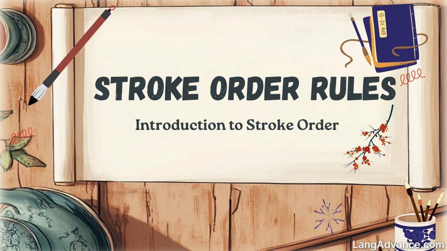In this lesson, we will explore the fundamental rules of stroke order, such as writing from top to bottom, left to right, and completing the inside of a character before the outside. By mastering these rules, you will build a strong foundation for your Chinese writing skills and ensure that your characters are not only correct, but also elegant.